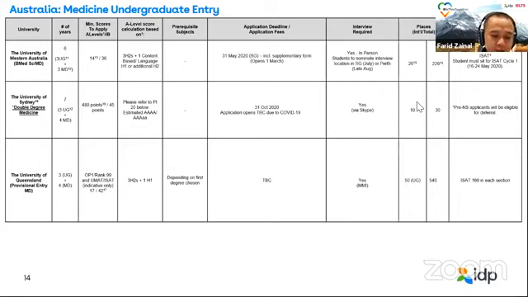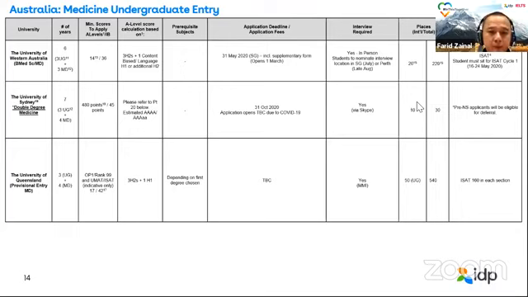Moving on to the University of Sydney. Similarly, a true train program comprising the 3+4, meaning they'll do the 3 years first. For this one, it's a little different. They allow the student to attend any form of bachelor degree and then move on to do the full 4-year MD program at the end.